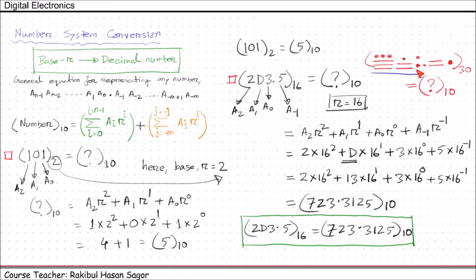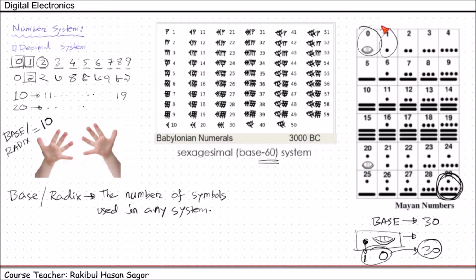This portion is integer and this portion is fractional. Try to solve this task. To know the corresponding decimal value of each Maya symbol, you may use this chart. You can see each symbol has a corresponding decimal value, which is shown here.